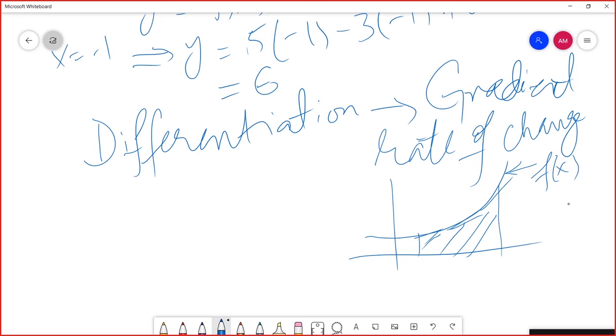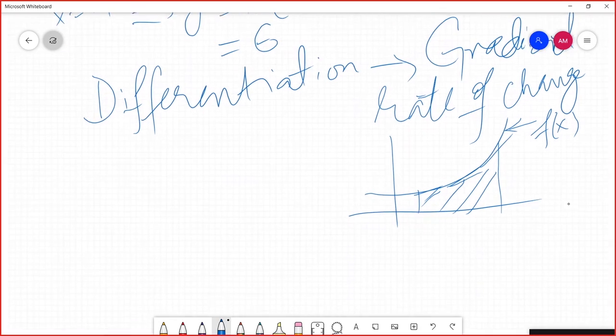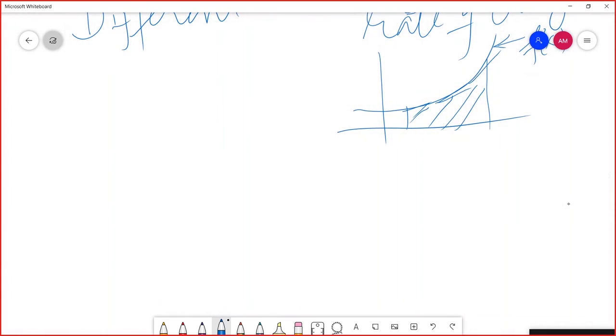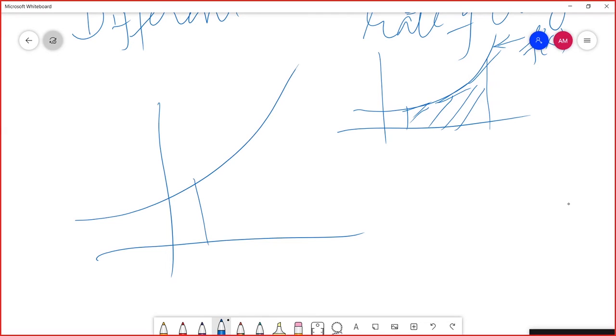Again, I just repeat and we do one question. We said the differentiation gives us the rate of change, while the integration or anti-differentiation adds all of that together. If it is a rate of change, from here to here, we take different steps and add them, as I explained at the start of today's lecture.